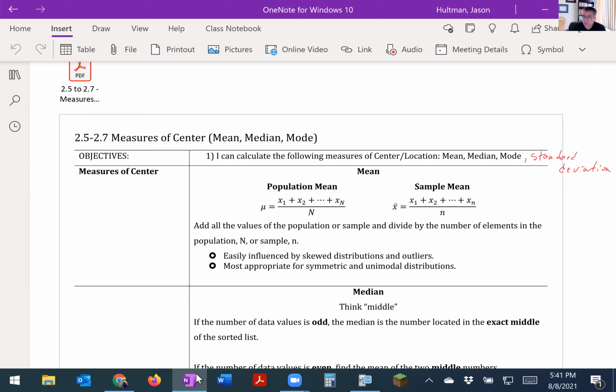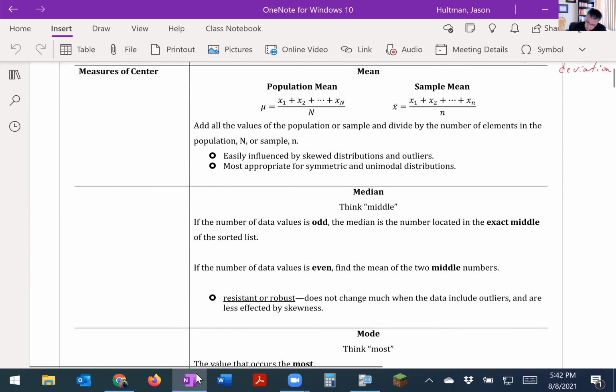The mean is easily influenced and skewed by skewed distributions and outliers. It is most appropriate for symmetric and unimodal distributions. So if it's symmetric and has one mode, we'll want to use the mean as the measure of center.